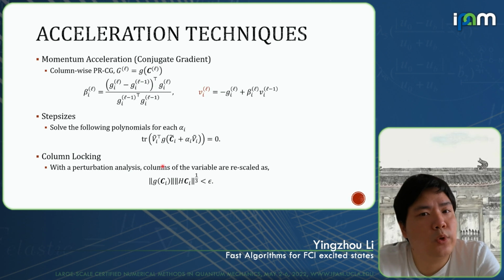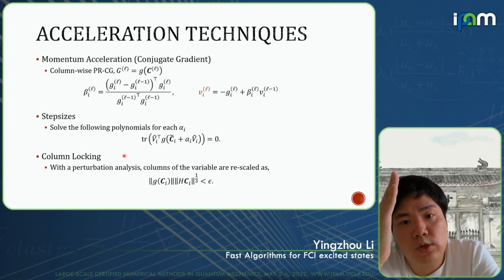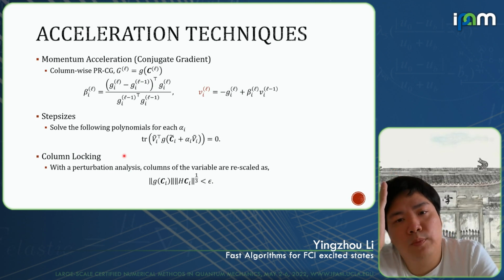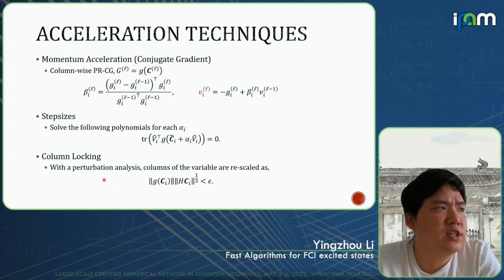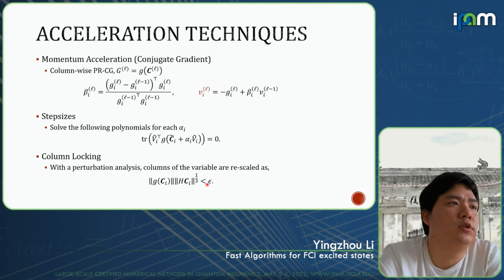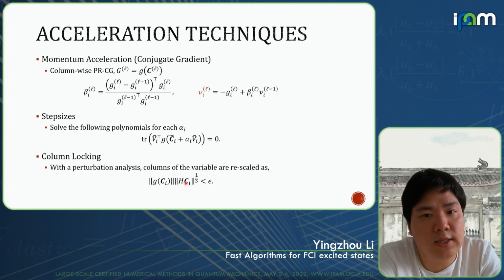Since we are doing things column by column, another good property is that we can also do column locking. If a previous column has already converged, let's say the ground state has already converged, then we do not need to have it come into play in later columns. We can just lock it. After some perturbation analysis, we also introduce a formula to measure the locking.